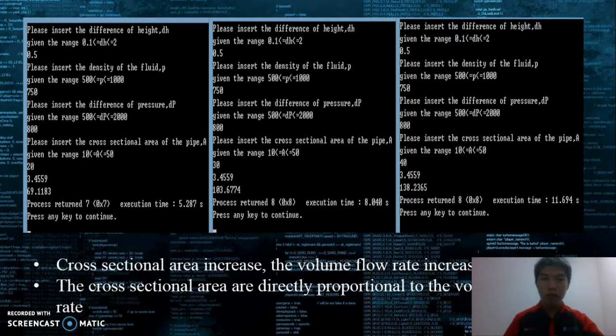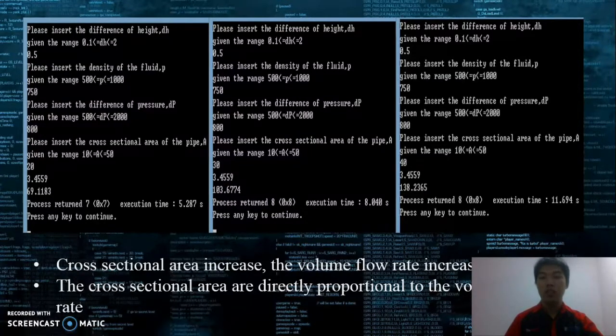So for the fourth objective, we will decide the cross-sectional area, and we fix all the parameters. We fix the height, we fix the density, we fix the difference in pressure, but we change the cross-sectional area of the pipe. As we increase from 20, 30, and 40, we can see that the volume flow rate is increased.